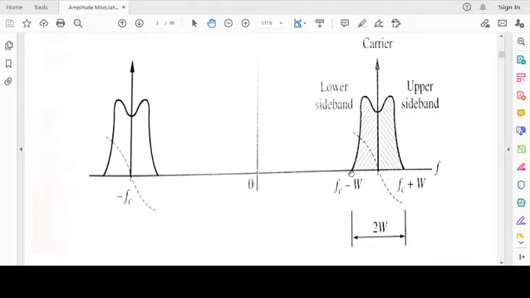And recall that, as we said, fc minus W has to be greater than 0. Fc must be greater than W for amplitude modulation to take place without spectrum interfering, because if not, you have a positive spectrum which has shifted something like this, and a negative spectrum which has shifted something like this, and this negative spectrum portion would interfere in the positive spectrum, and vice versa. That leads to some problem.